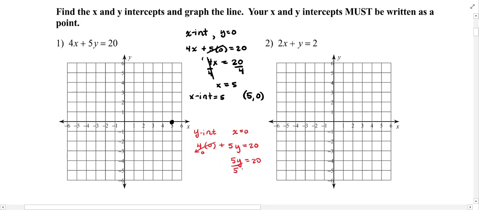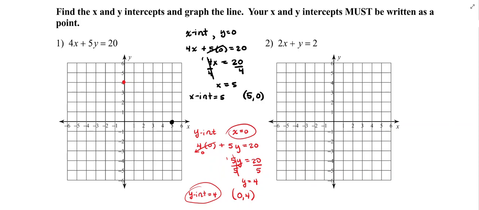Divide both sides by 5. We get that y equals 4. So this means that the y-intercept equals 4. And if we write this as an ordered pair, it would be (0, 4), because x is 0 and the y-intercept is 4. And if we plot this, it would be right here, 0, 1, 2, 3, 4.